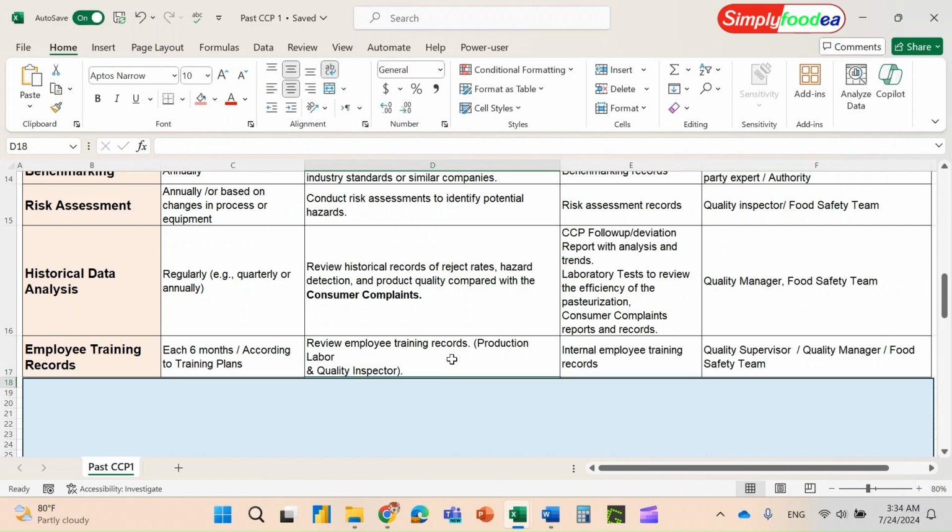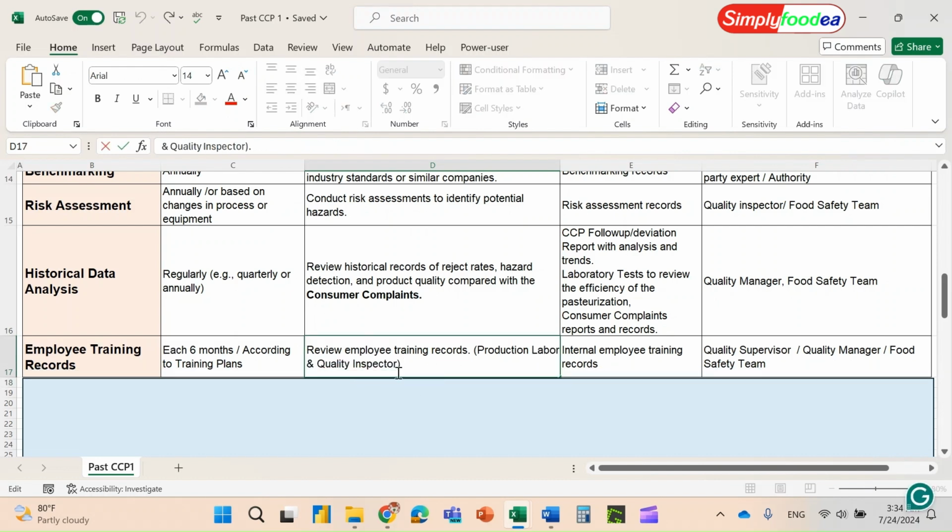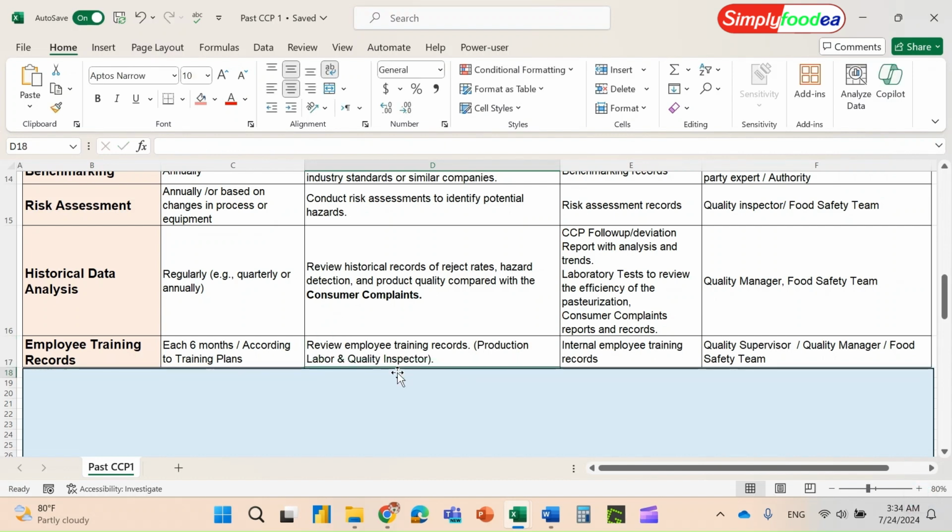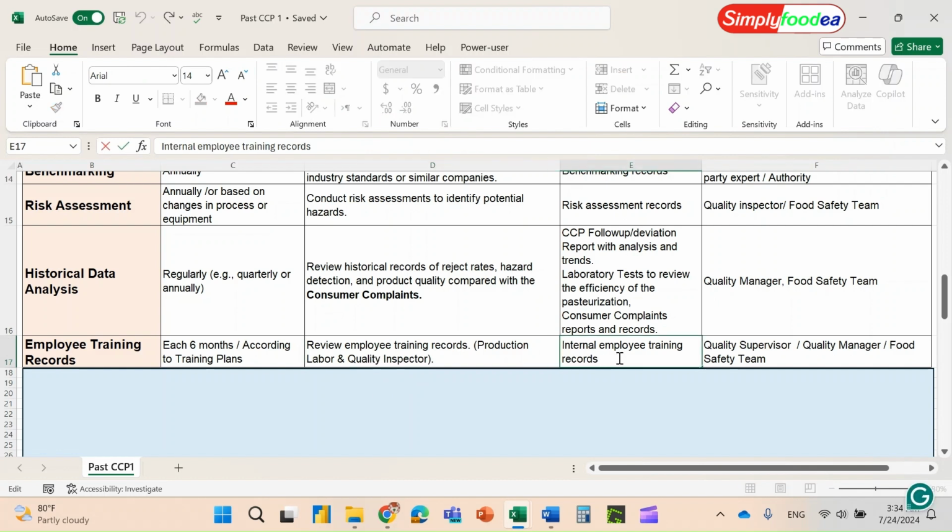Are these people trained on our dedicated parameters and limits or not? Are they trained to fill the documents properly? Yes or no? Do these trainings have an exam? Yes or no? Have they passed this exam? Yes or no? All this data must be present.